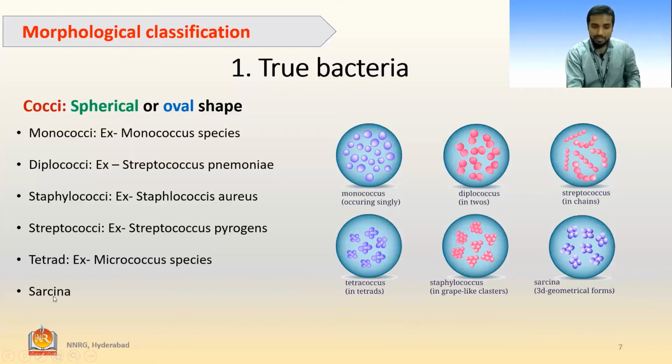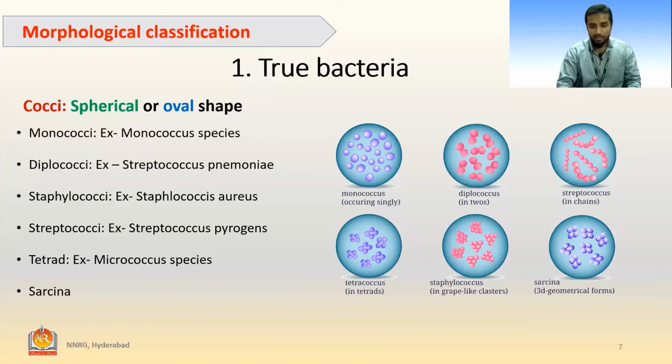And then Sarcina. In a two-dimensional view we can see just four, as you can see here, whereas in a three-dimensional view there will be n number of bacterial cells attaching behind it.